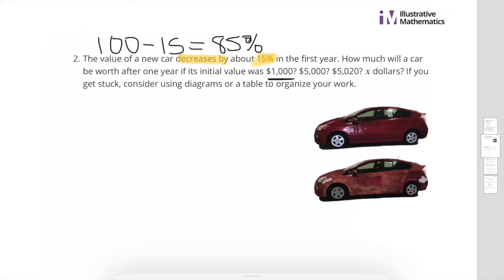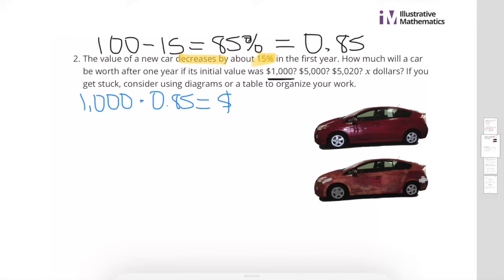And then you can just change that to a decimal. So 85% would be what decimal? 0.85. So if it was originally worth $1,000, it would now be worth 1,000 times 0.85, $850. What about $5,000?